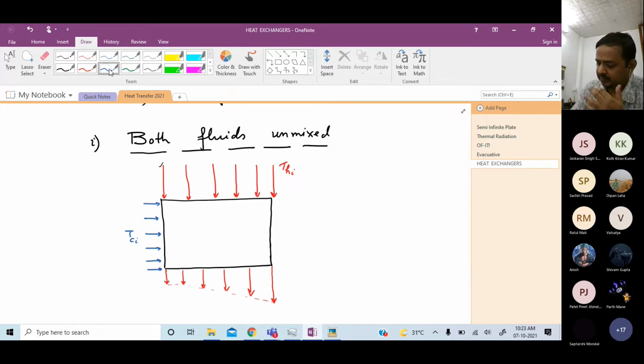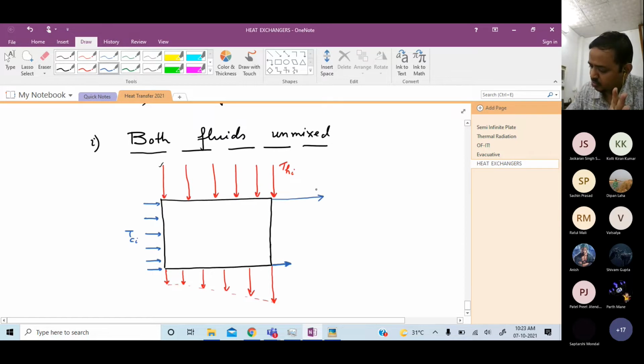By the same logic, the cold fluid at the top encounters the hot fluid at the highest temperature, and the cold fluid at the bottom encounters the hot fluid when it has cooled down. So therefore, at the bottom, the cold fluid would have heated up less, and at the top, it would have heated up more.